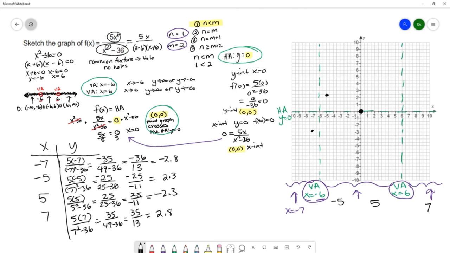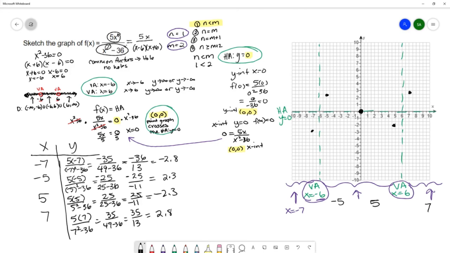We have 5 and -2.3, be about here. And 7 and 2.8 would be about here. Now that I have these points, I feel more comfortable drawing the graph.